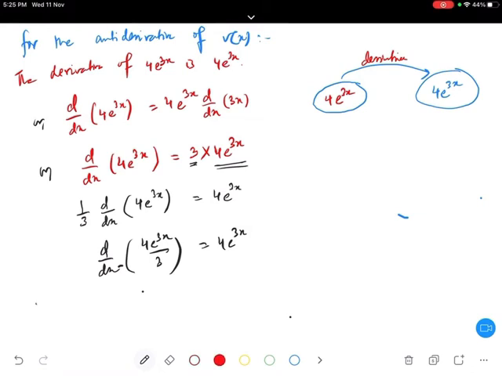So write down, hence the antiderivative of 4 e to the power 3x is 4 e to the power 3x by 3. So we got this. Okay, so we have found the antiderivative of both the functions ux and vx.